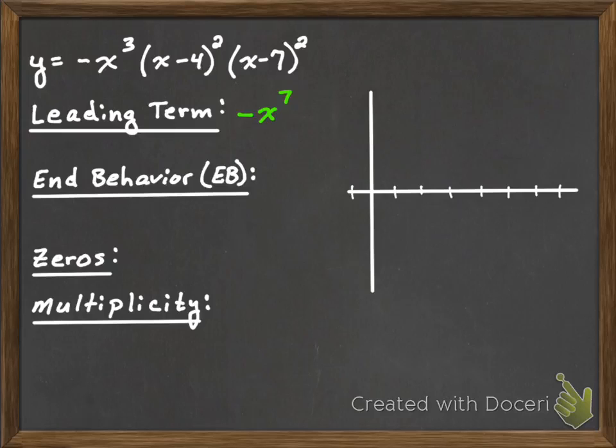Now, an odd power means you're going in opposite directions for your end behavior, and a negative in front tells you that you're going to be going up to the left, and you're going to go down to the right.